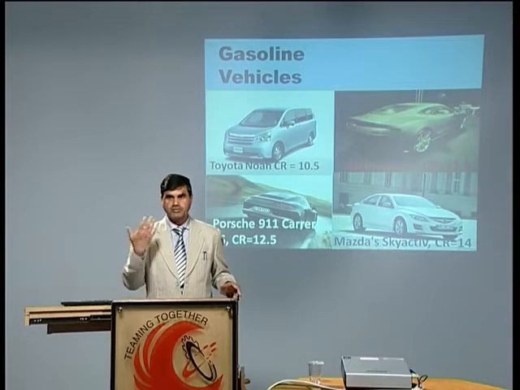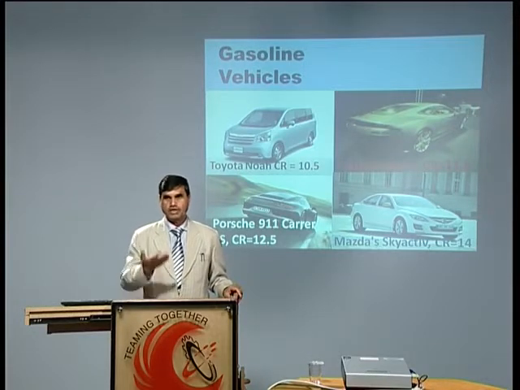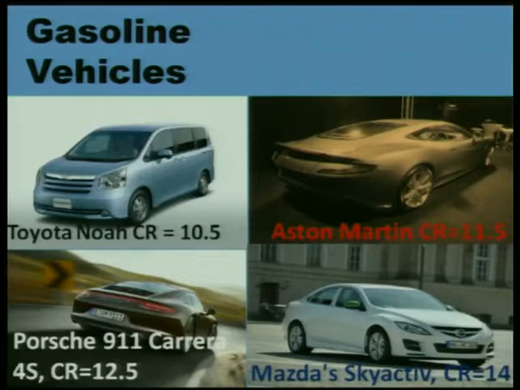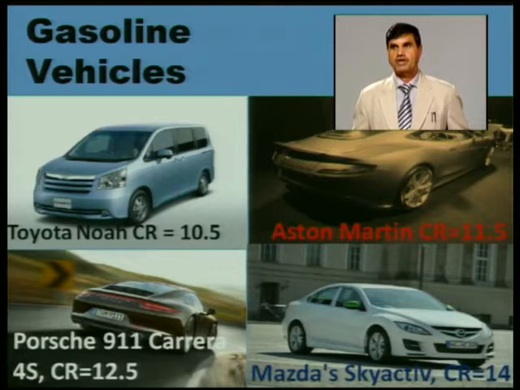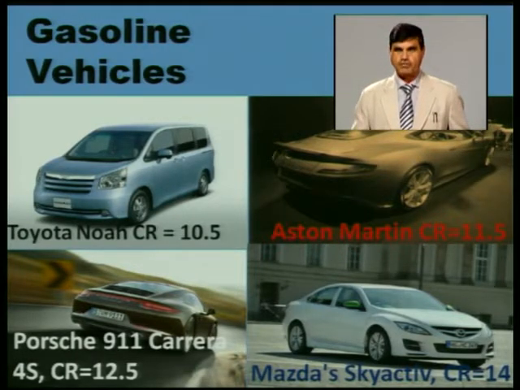Even some of the vehicles today which are termed high performance engines, like the Toyota car I am showing you, have a compression ratio of 10.5. So Royal Enfield was 8.5, Kawasaki 9.5, and here in Toyota it is 10.5, in the category of high performance vehicles. The specialty in these vehicles is the way fuel is injected into the cylinder.